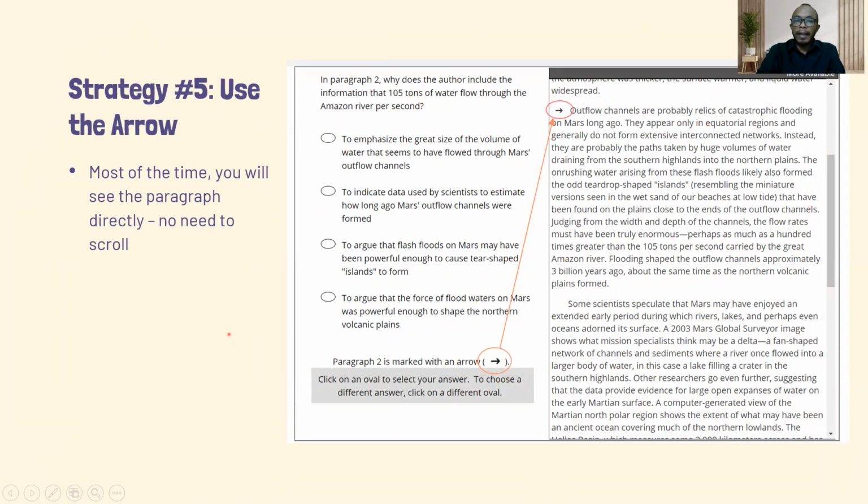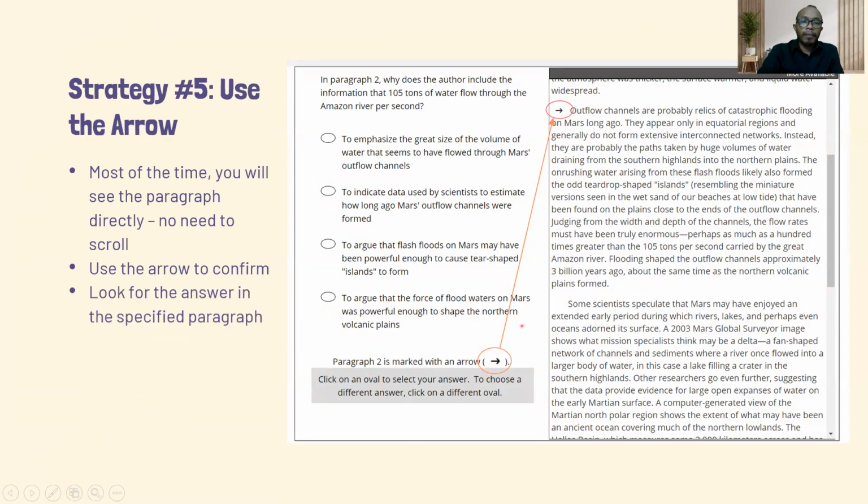Okay. And it's normally also directly shown on the screen when the question appears. So you don't need to scroll up and down to find the paragraph. And again, use the arrow to confirm. Look for the answer in the specified paragraph.